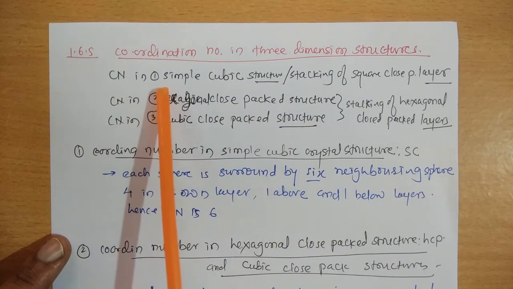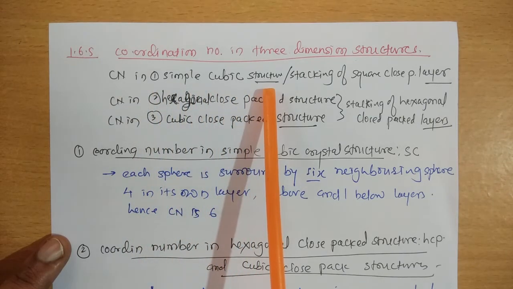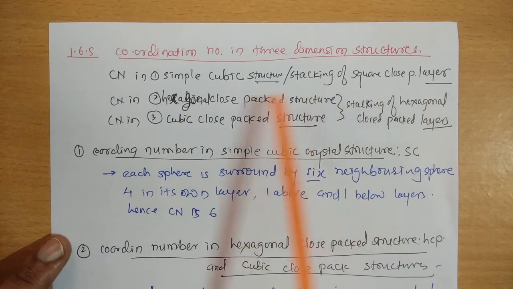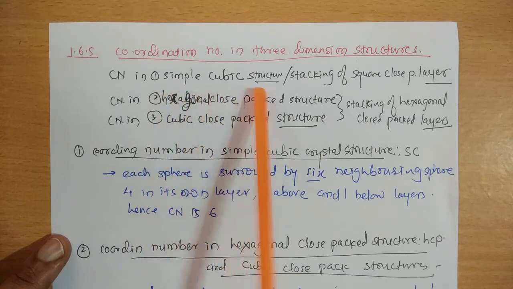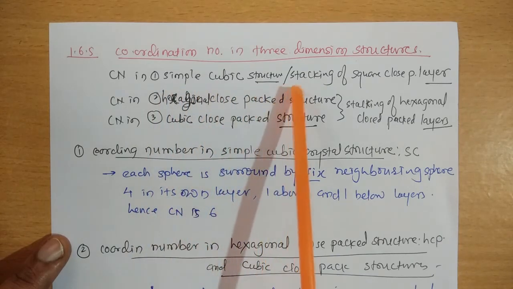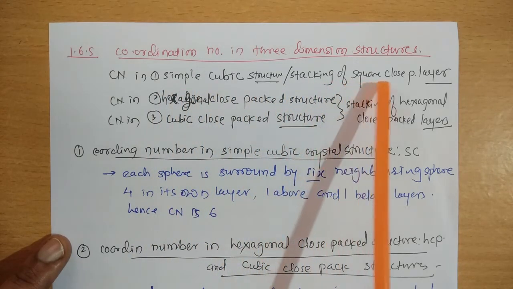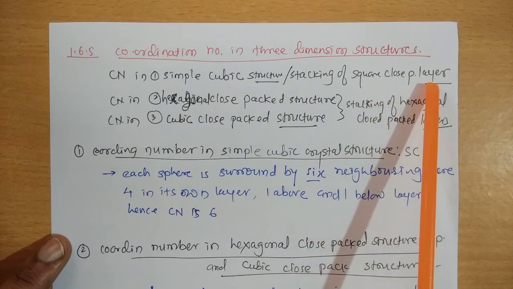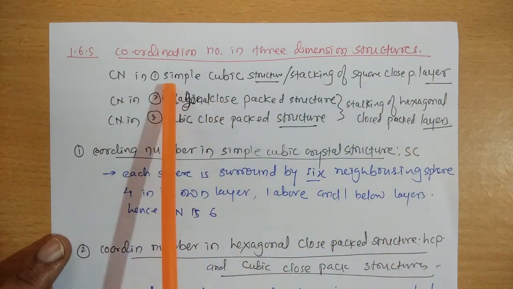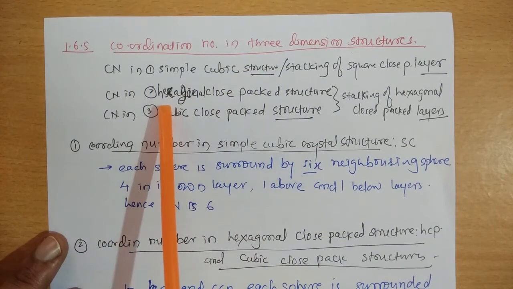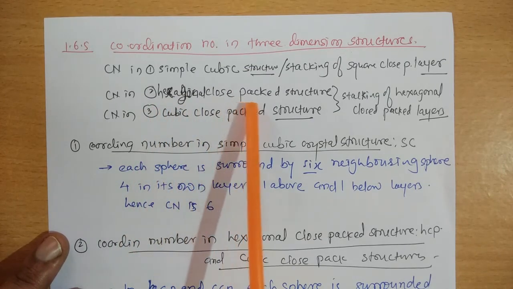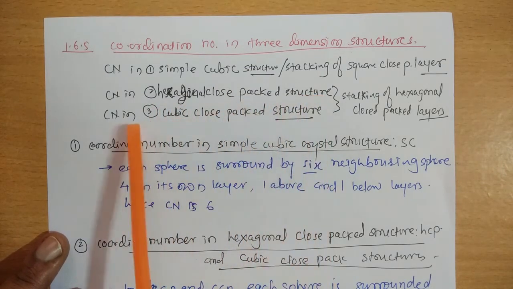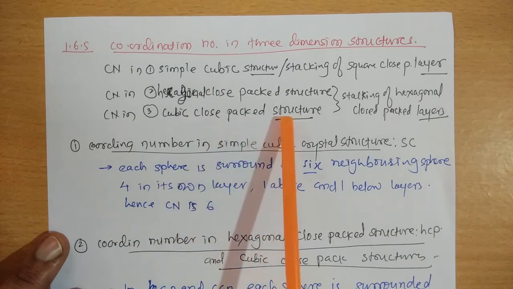The one is the simple cubic structure, which is the result of stacking of the square close-packed layer. Now coordination number in hexagonal close-packed structure and coordination number in cubic close-packed structure.